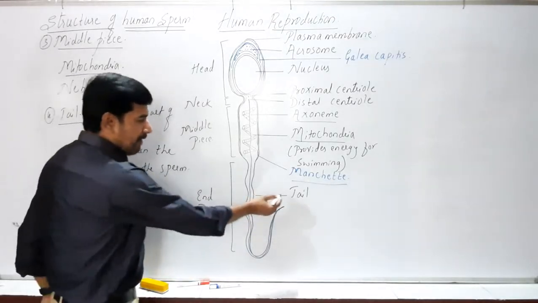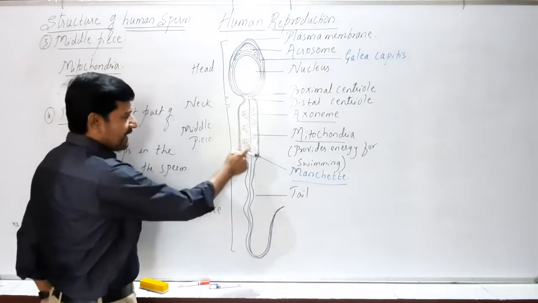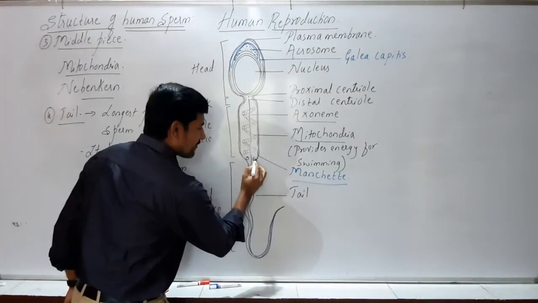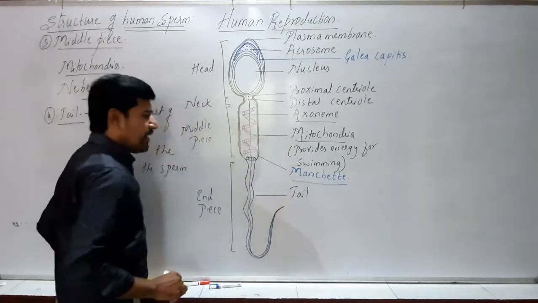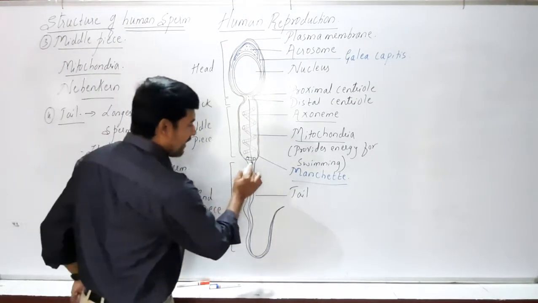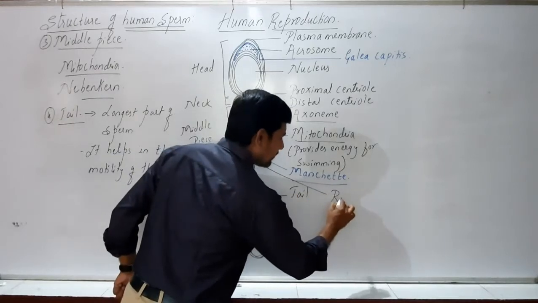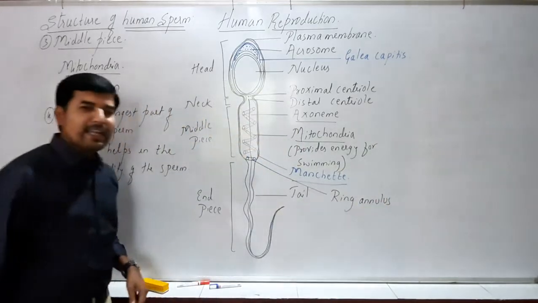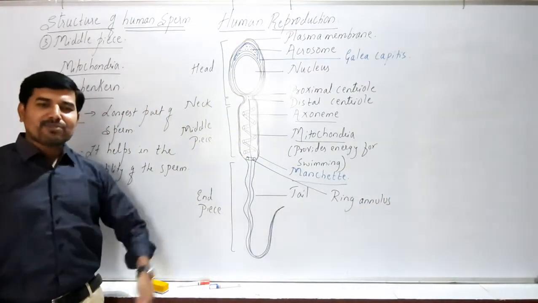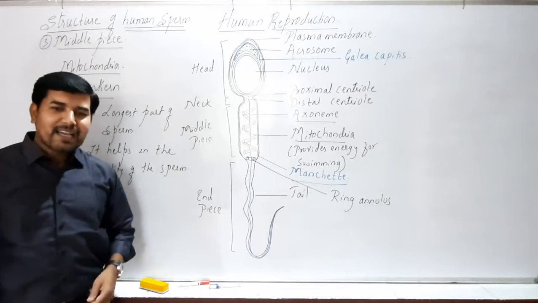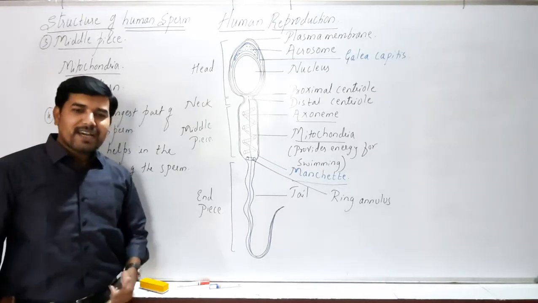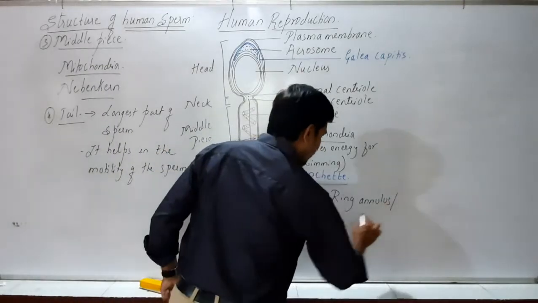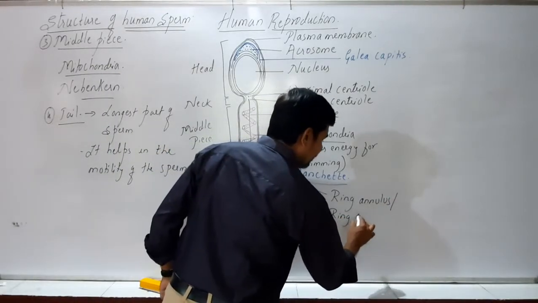Now, from the base of the tail or at the end of the middle piece, here we have a certain structure. This structure is called a ring annulus, which is also called a ring centriole.